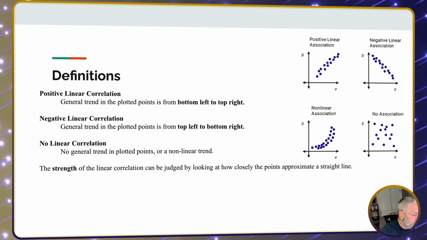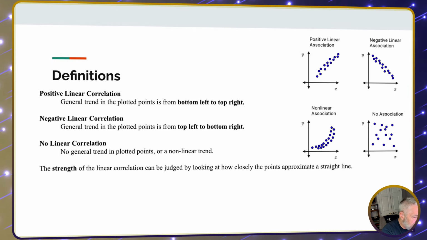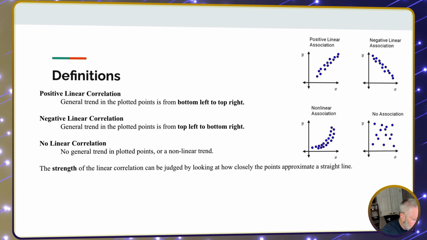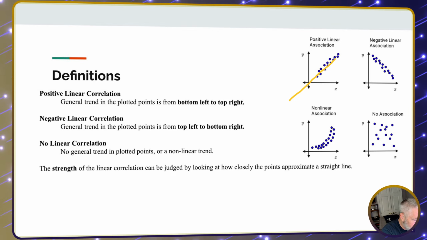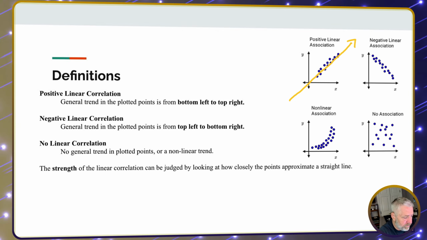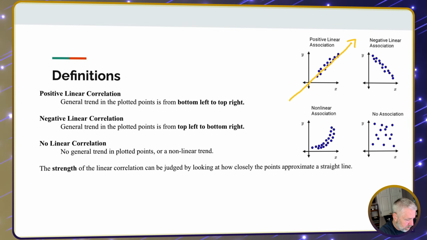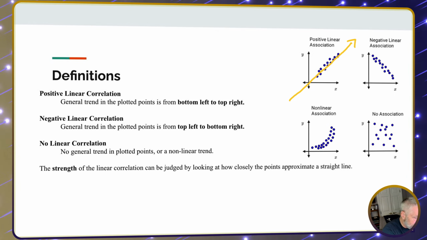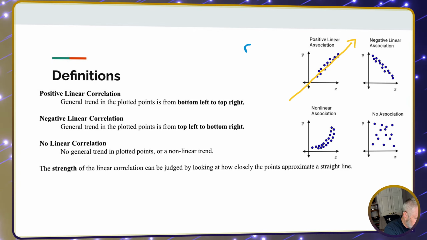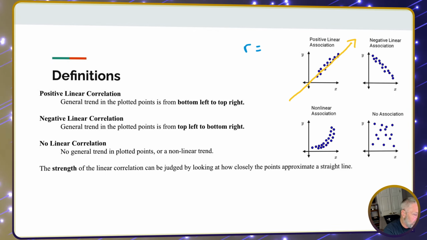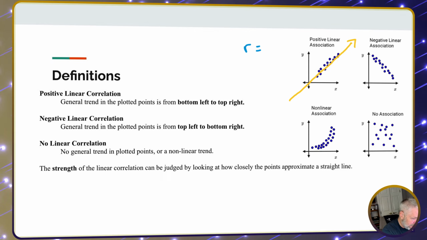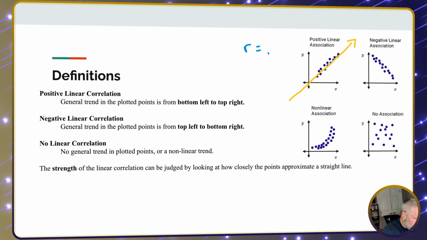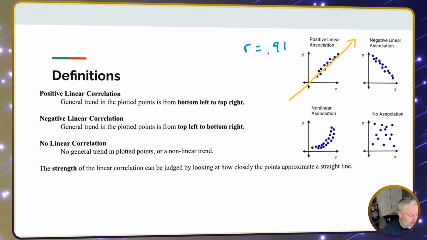That's okay. So if I were to draw a line of best fit through here, that line of best fit almost fits perfectly through those points. So I'm going to define correlation coefficient in a second, but I'm going to say that it has a pretty strong relationship. That correlation coefficient for this particular sample, I'm going to say, is probably 0.91.